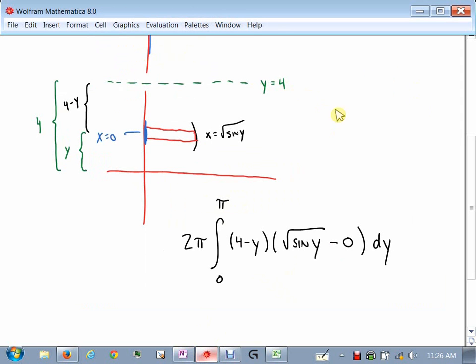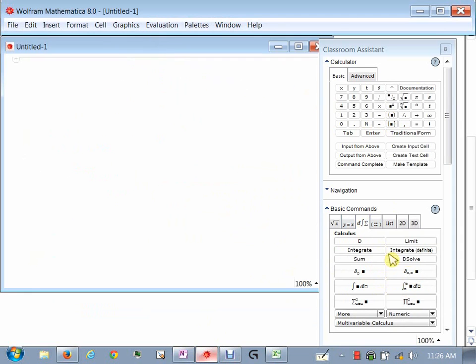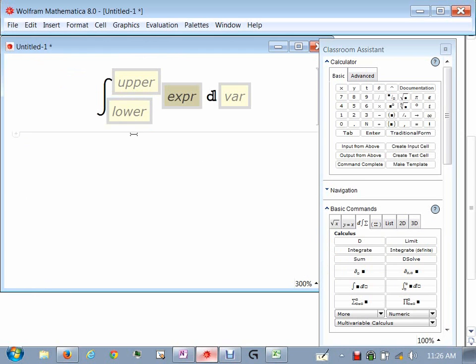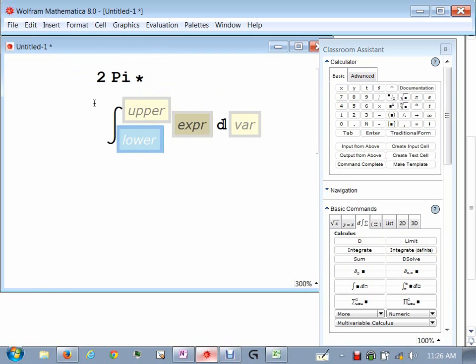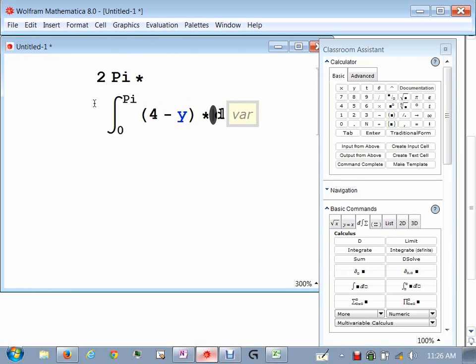I know Wolfram Alpha is pretty easy to do integrals, but Mathematica has these templates. Whoa, here we go. See if y'all can see that. So you can just put in 2 pi times 0 to pi, and then it was 4 minus y times the square root of sine y minus 0.